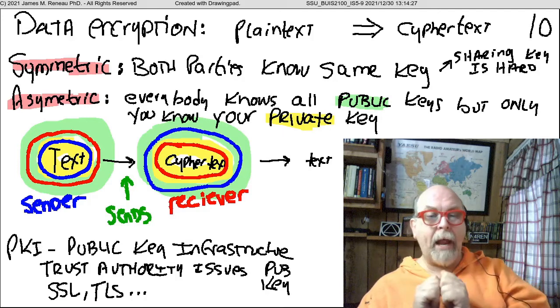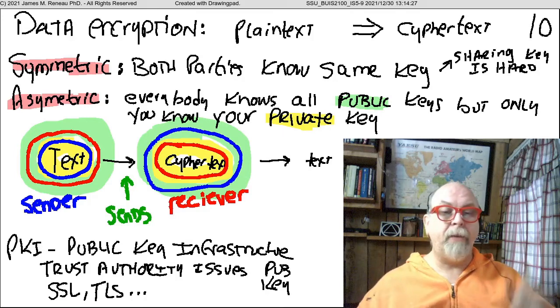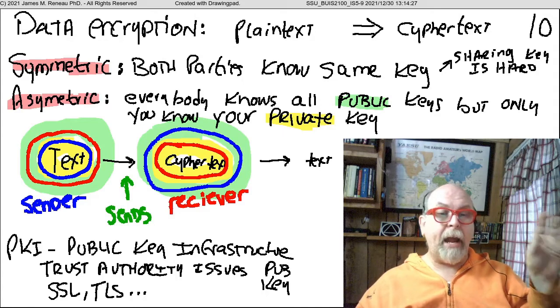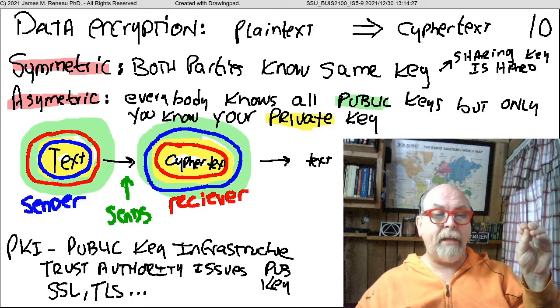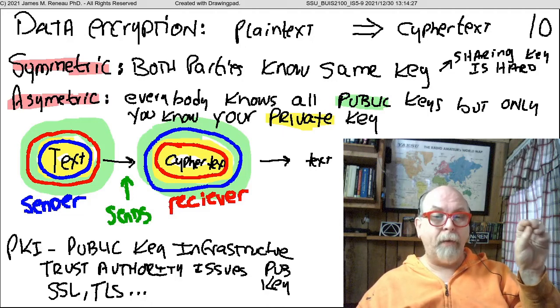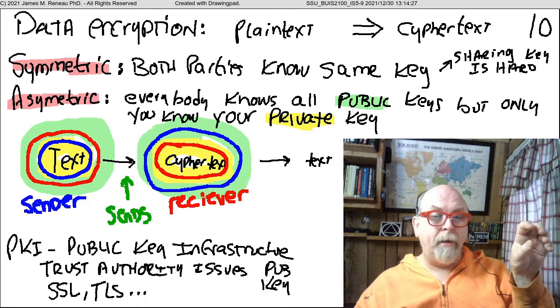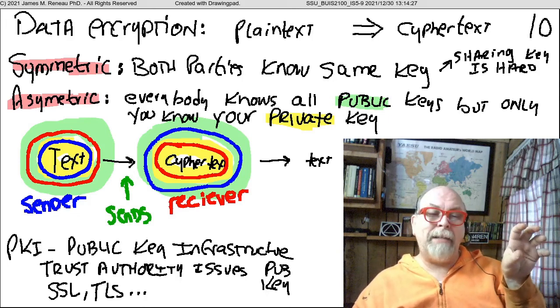So what happens is the sender first uses their private key, that blue circle with the yellow, and encrypts the text once, and then encrypts it a second time using the receiver's public key.